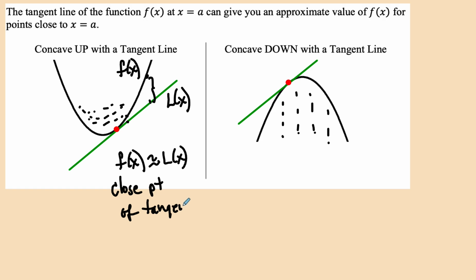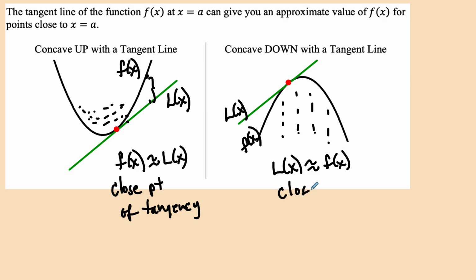Now let's look at this next diagram. This next diagram is concave down, and I want you to notice that again this is the tangent line. We say it's L of x, and this is f of x. These two functions are very close. Their y values are very close to each other as long as you are close to the point of tangency.